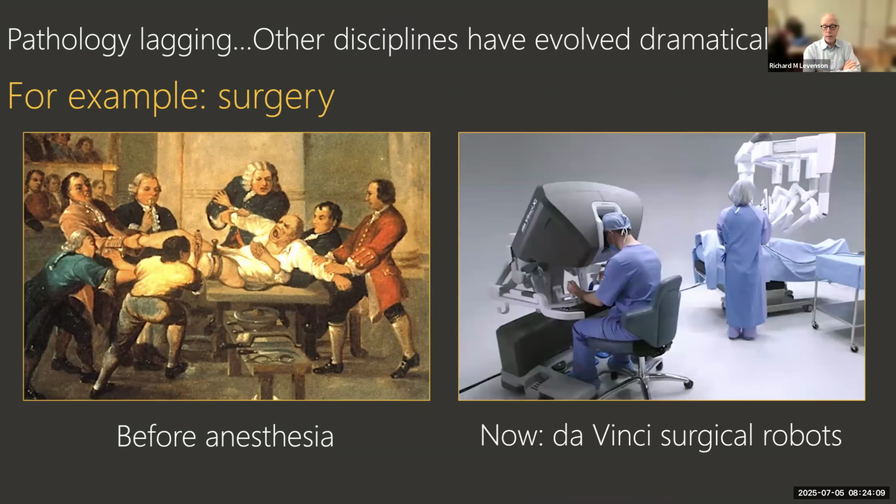These are the Da Vinci brand surgical robots in an unnaturally clean operating suite. So the surgeon is driving the robot, but the patient and the robot is on the far right. Huge difference from what you see on the left panel. Let's compare that with pathology.